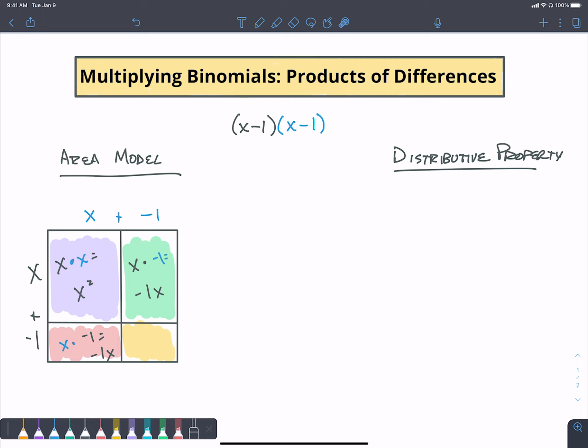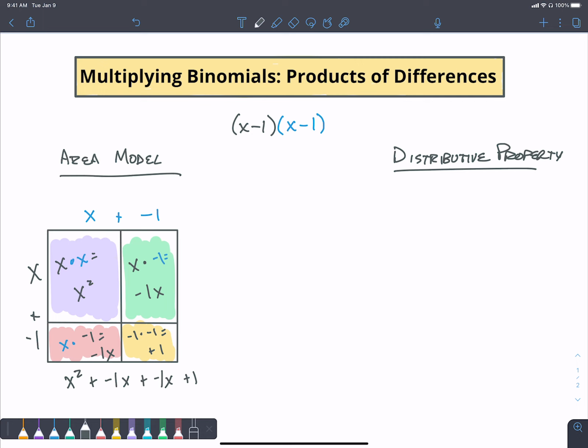And then finally, we're going to take negative 1 times negative 1. Negative 1 times negative 1 is equal to a positive 1. So notice I also kept the sign here, but what we're going to do is add purple, green, pink, and yellow, and we're going to have x squared plus a negative 1x plus a negative 1x plus 1.